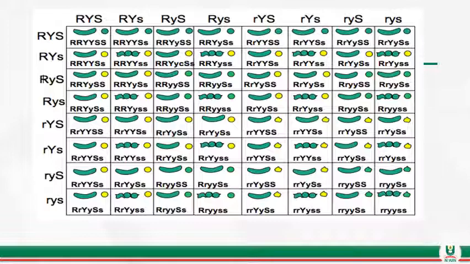So when you put them horizontally and vertically, you can cross them to get these alleles, 8 by 8. That is 64 in number.